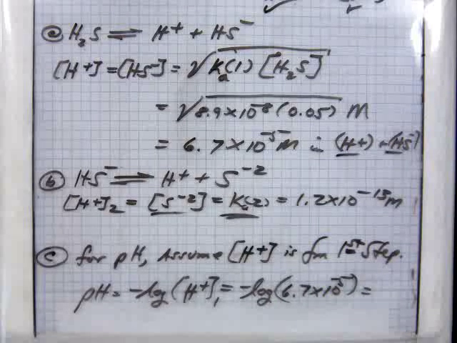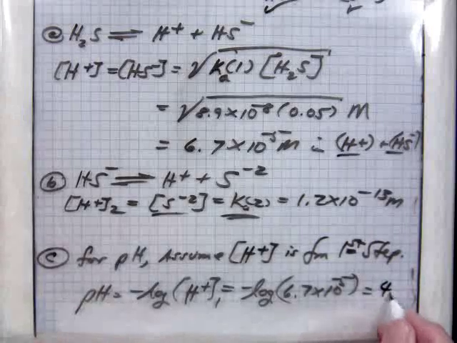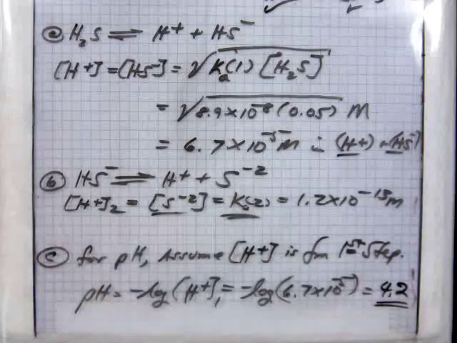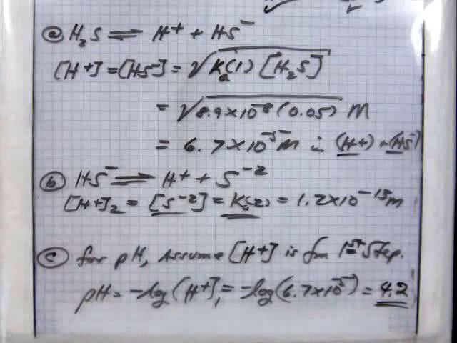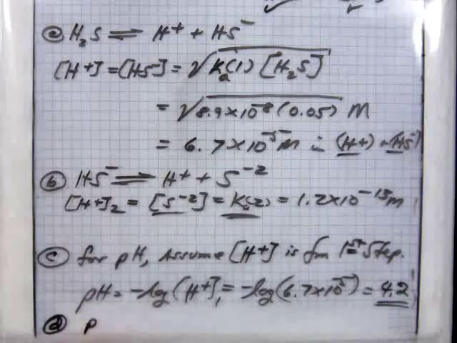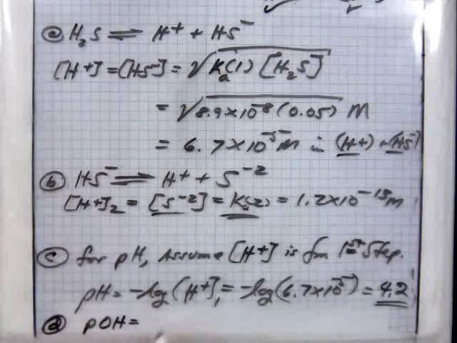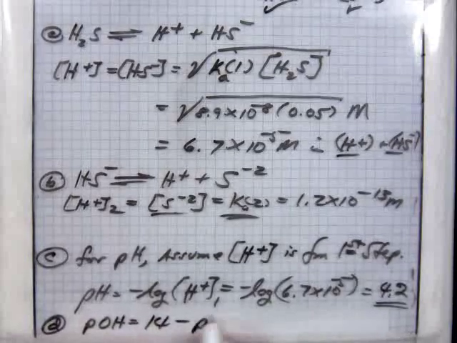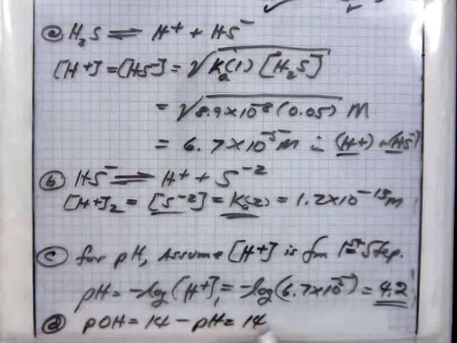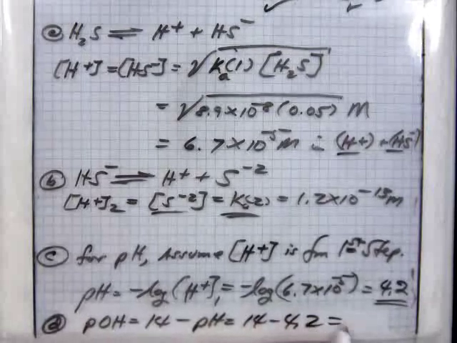I get 4.2. So there's your pH of that ionization. pOH would of course be 14 minus the pH, 14 minus 4.2, and you're through.